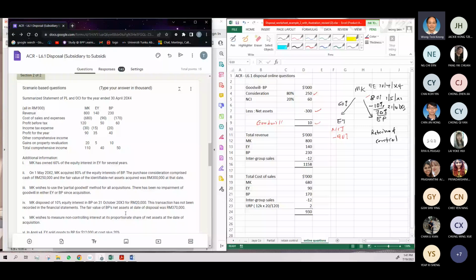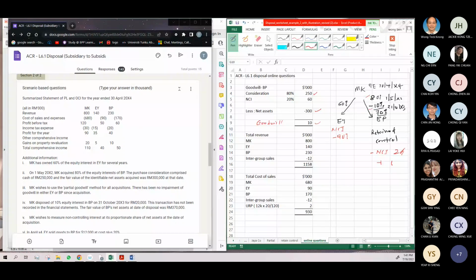From 80%, you dispose of 10%, so you have 70%. Now NCI is changing. Earlier it was 20%, you add another 10%, so now it becomes 30% from 31st October X3. Make sure you time-apportion the entire portion for the year, for NCI and proportion of assets.